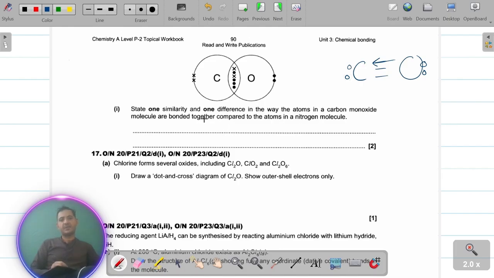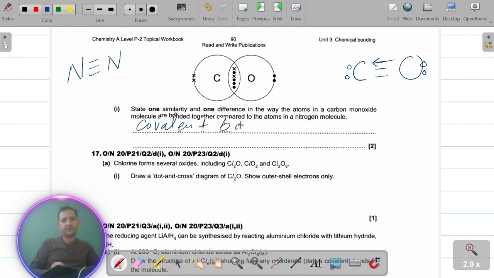State one similarity and one difference in the way the atoms in carbon monoxide molecules are bonded together compared to atoms in a nitrogen molecule. So we have this nitrogen molecule. What is the similarity? We can say covalent bonding.